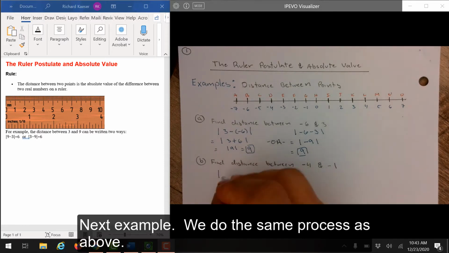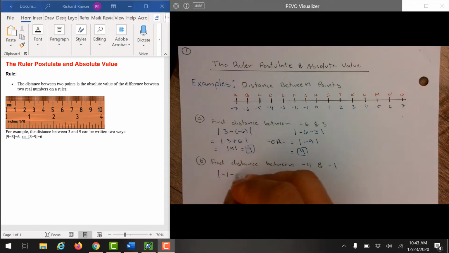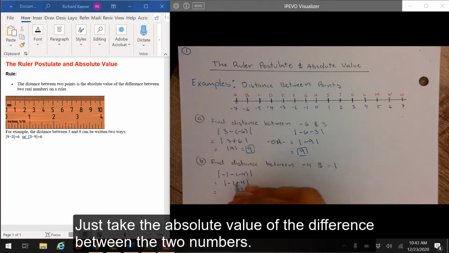Next example, we do the same process as above. Just take the absolute value of the difference between the two numbers.